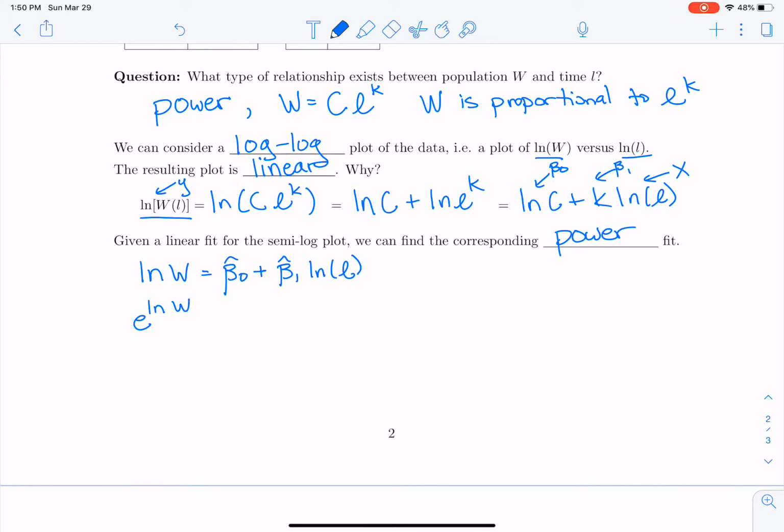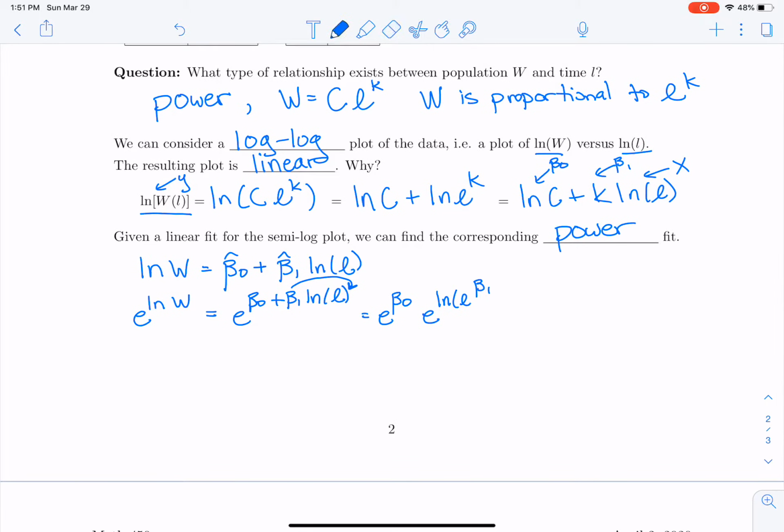E to the natural log of W is going to equal e to the beta 0 plus beta 1 natural log of L. I can write that as e to the beta 0 times e to the, and then I'm going to write this as L to the beta 1 power. So I'm going to reverse that property of natural logs and take the constant out front and make it the power of L.